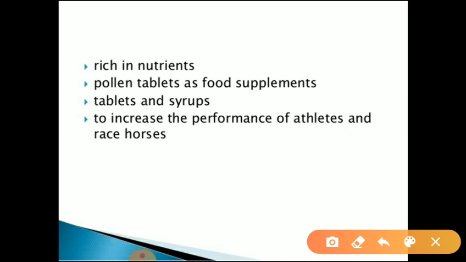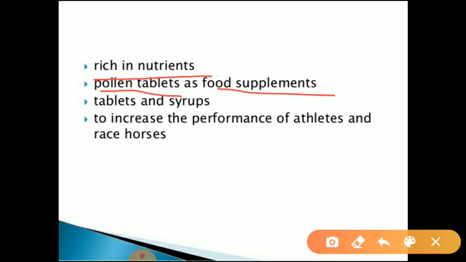Next, nutritional value of pollen grains. Pollen grains are rich in nutrients. So we can make pollen tablets as food supplements as well as pollen syrup. Okay, so by using pollen grains we can make pollen tablets and pollen syrup, because pollen grains are rich in nutrients.